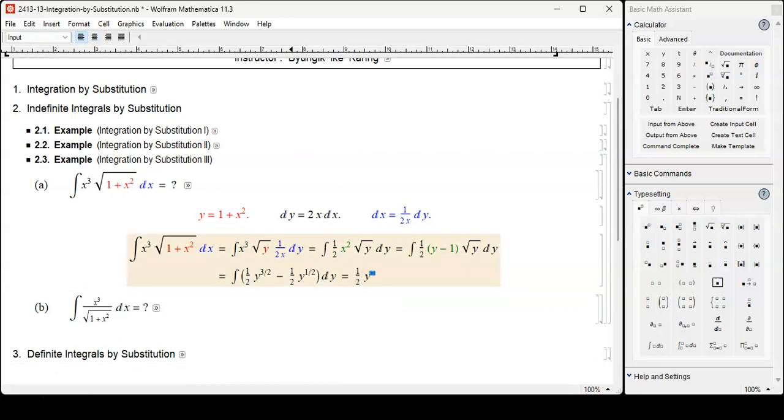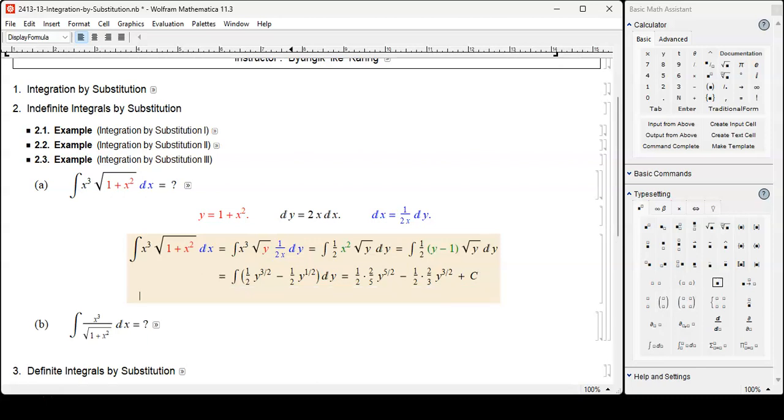1/2 and increasing the power by 1, we have 5/2 power. So we need 2/5 here. 1/2 was before, and this is 3/2 power, and times 2/3. That'll finish the antiderivative computation.